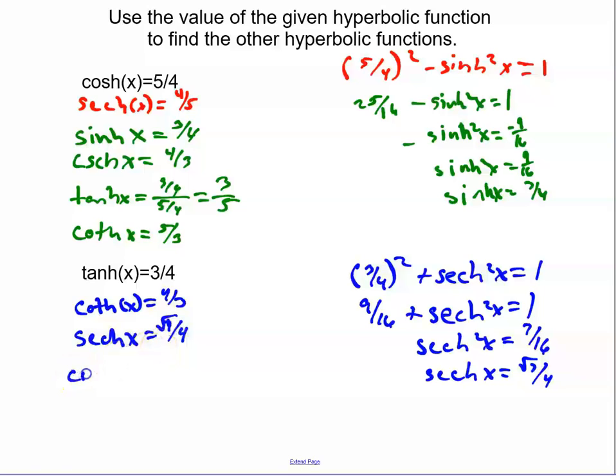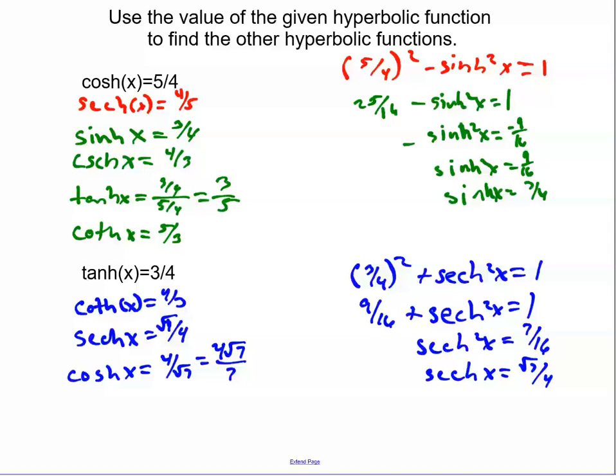Which then means hyperbolic cosine is equal to 4 over the square root of 7, which we don't write that way. We would write it as 4 square root of 7 over 7. Rationalize that denominator.